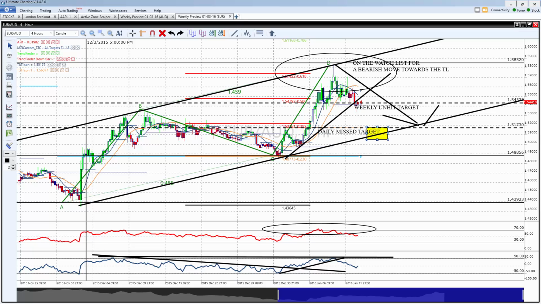I can tolerate a little higher, but not tolerate the risk amount. Okay, right there.